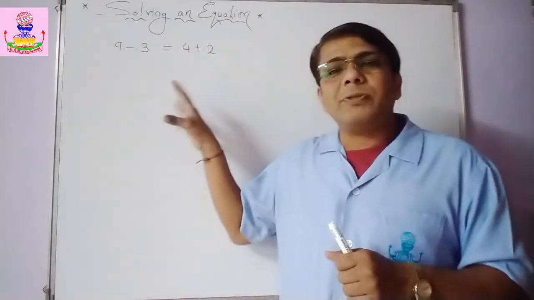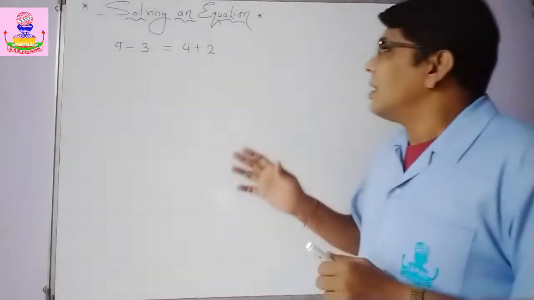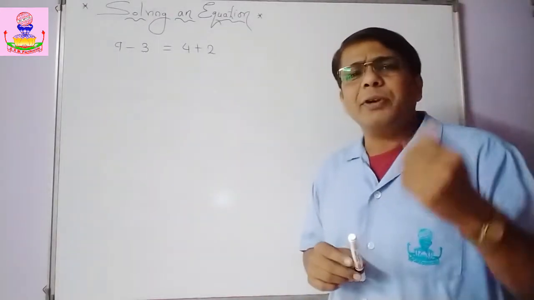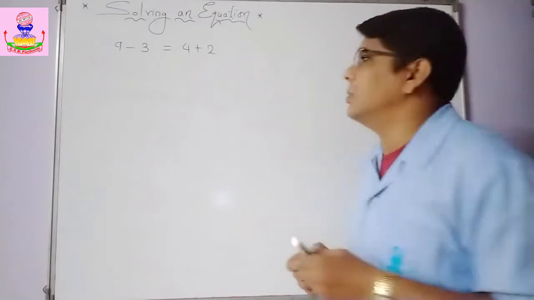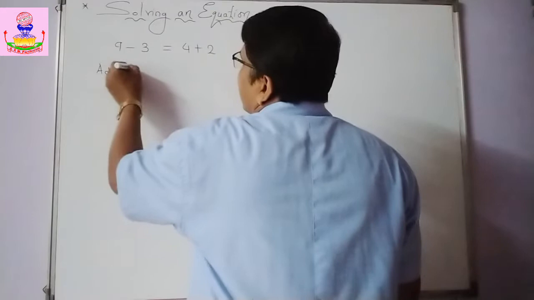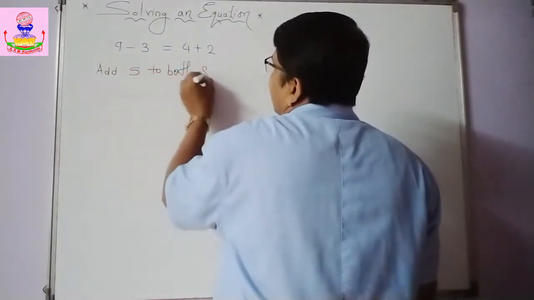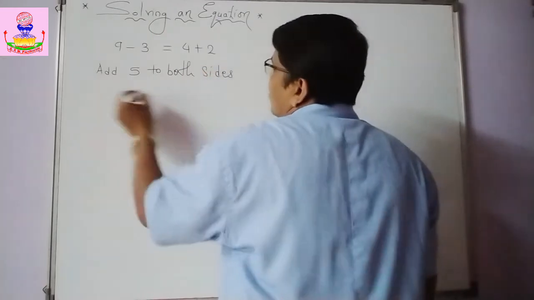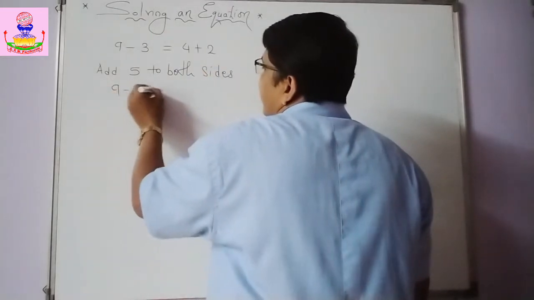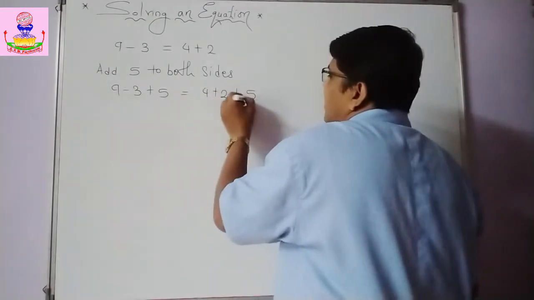Now I am going to perform certain operations. Suppose I add 5 to both sides, let's see what happens. So 9 minus 3 plus 5 is equal to 4 plus 2 plus 5.